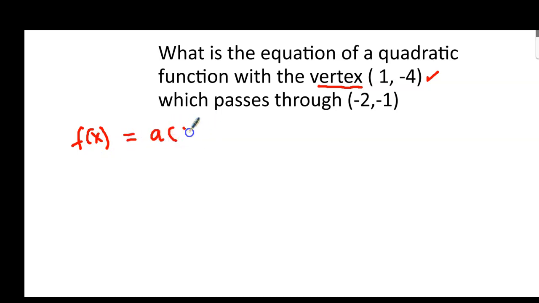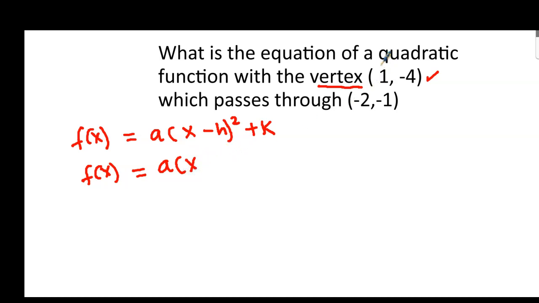This is a general model, a (x minus h) squared plus k. Now we don't know our a. Here we are going to keep the a because now they are telling us that this is a little bit skewed. So we don't know how the dilation is going to be. And this one will help us to get how it's going to stretch or compress. So we are going to keep it.